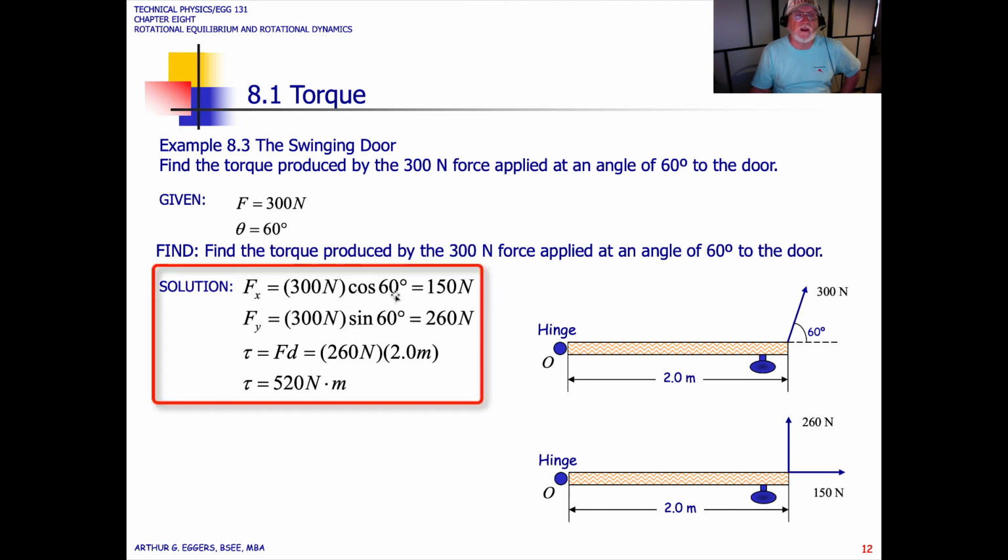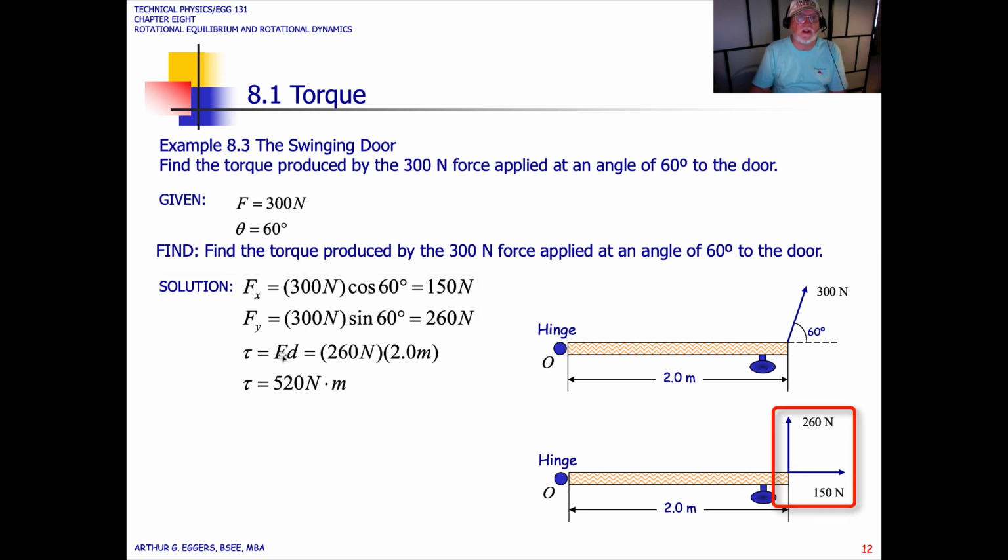F sub x is F cosine 60, F sub y is F sine of 60, which gives us 150 and 260. Once they're resolved, the 150 Newton component does nothing to rotate the door. But the 260 Newton component is what's going to open or close the door in this example.